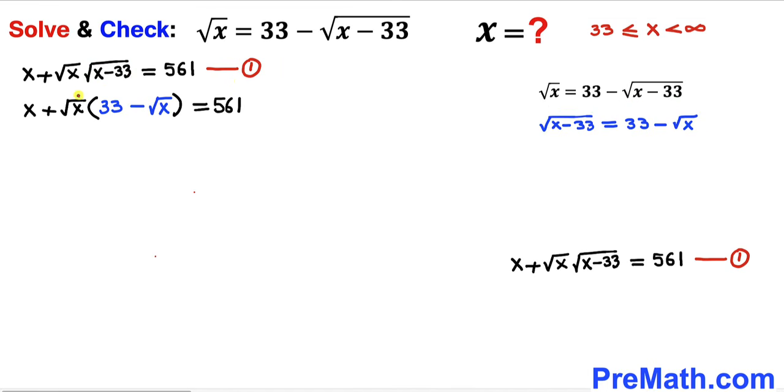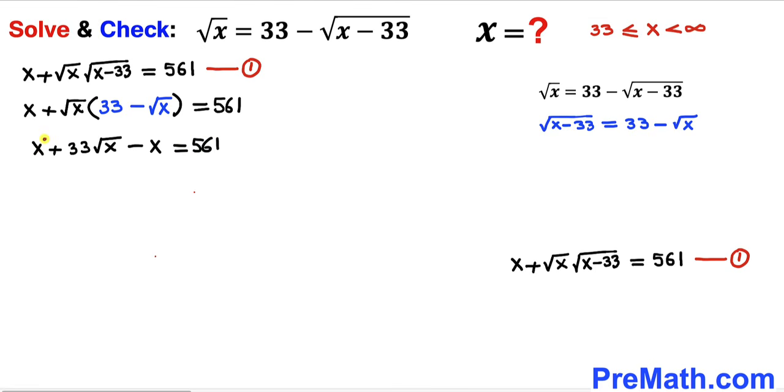And now I'm going to distribute these. So therefore this could be written as x plus 33 times square root of x, and then minus square root of x times square root of x is going to give us simply x, and that is going to be equal to 561.